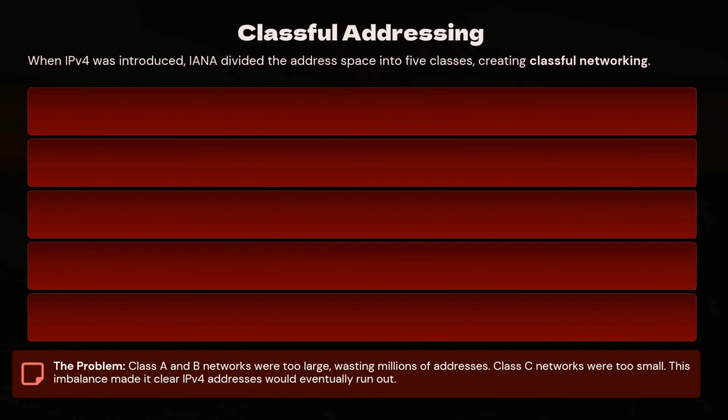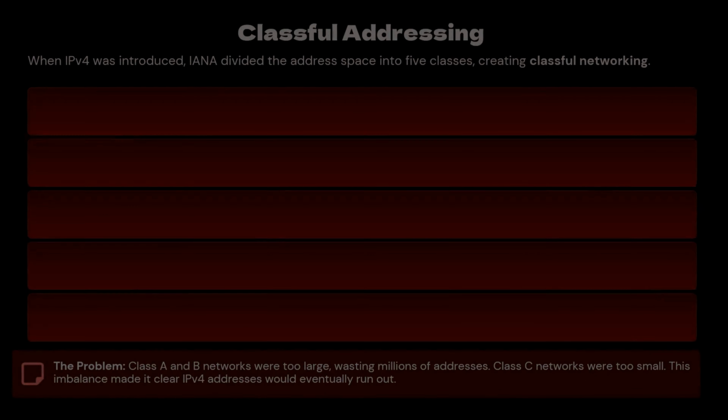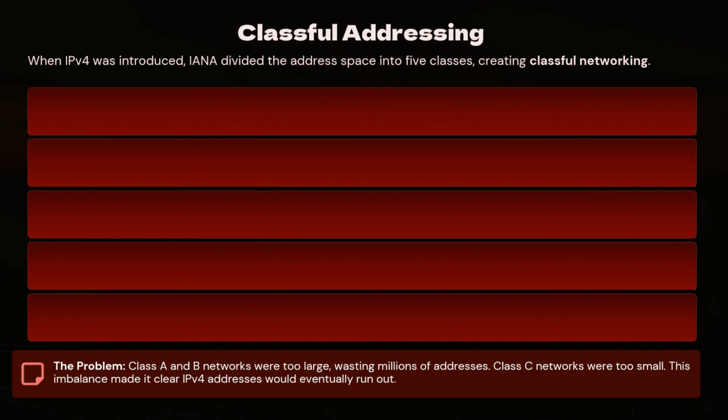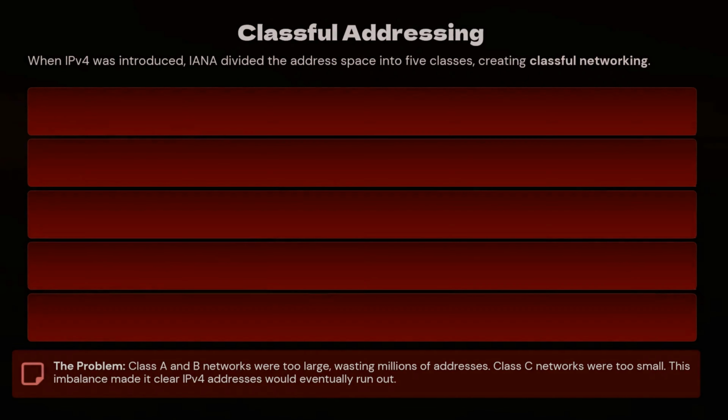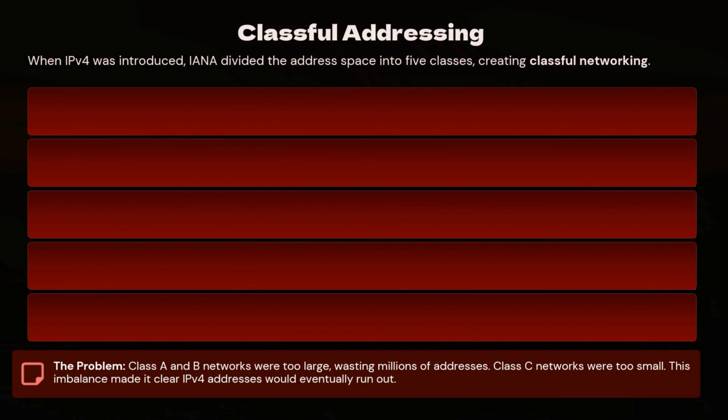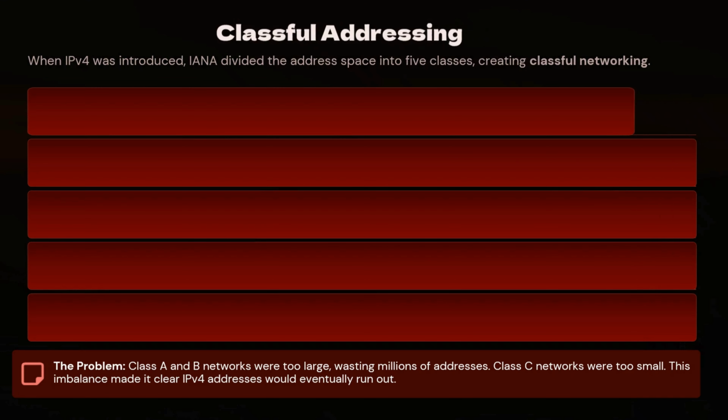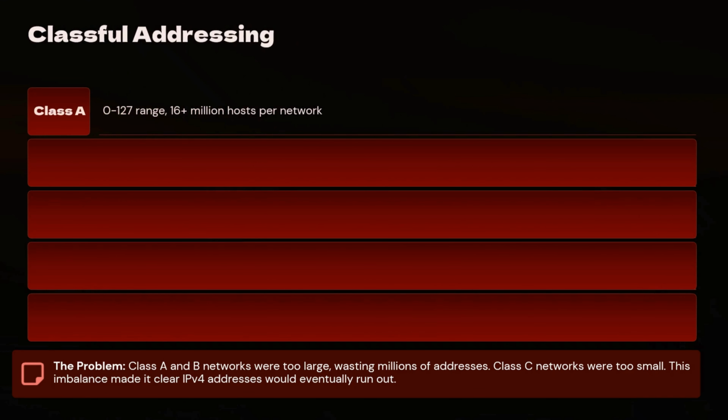Now, when IPv4 was first introduced, the Internet Assigned Numbers Authority, or IANA, divided the address space into five classes: A, B, C, D, and E. This system became known as classful networking. Class A addresses use the first bit as 0, giving a range from 0 to 127, with over 16 million hosts per network.